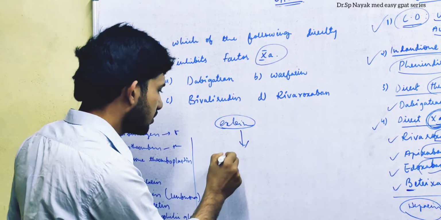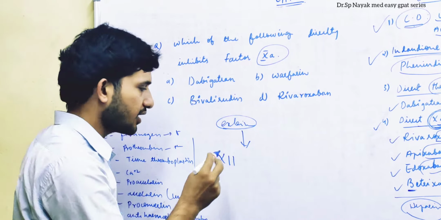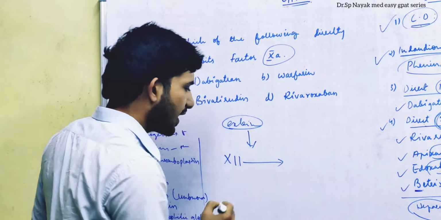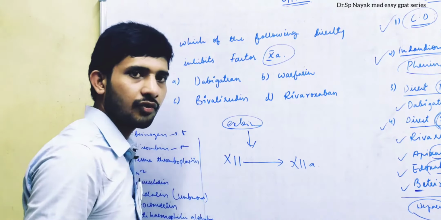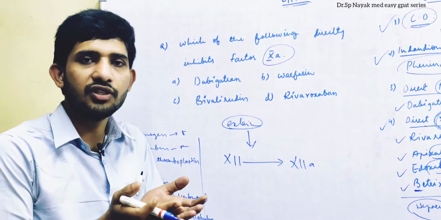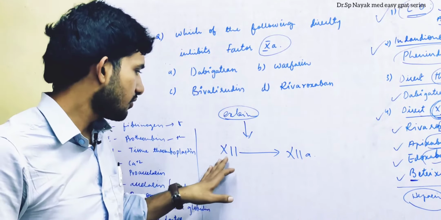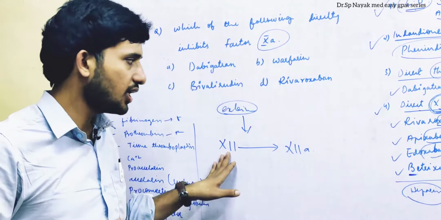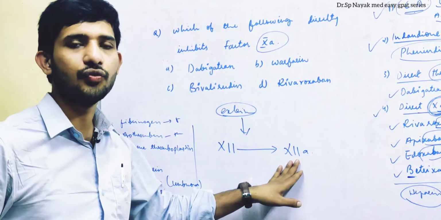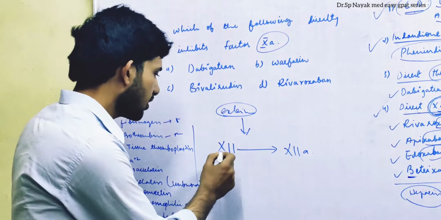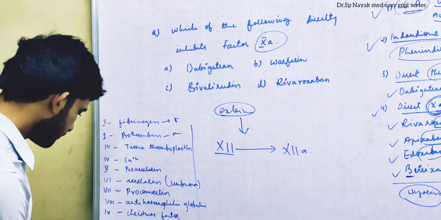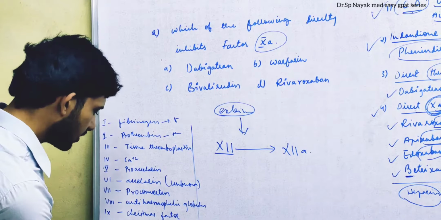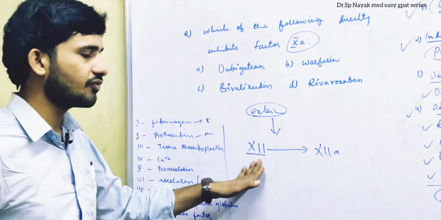Factor 12 is activated to form factor 12A. Due to exposure of the tissue to the air, factor 12 is converted into factor 12A. Factor 12 is the inactivated form, and factor 12 is called the Hageman factor.